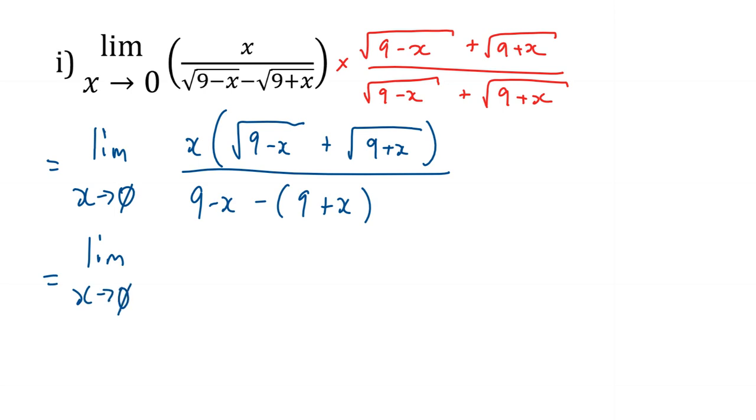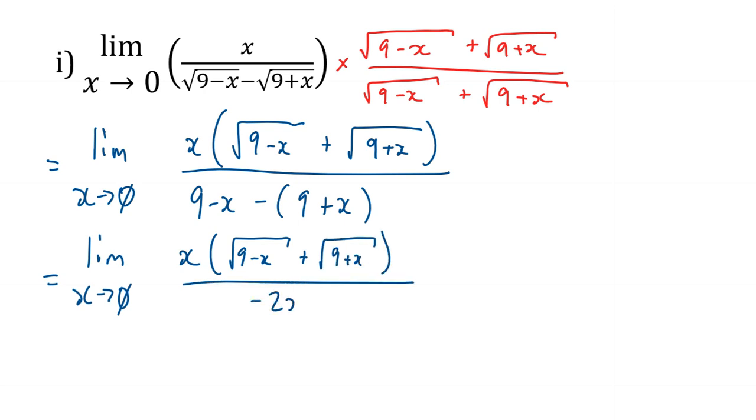9 minus 9 is 0. Negative x minus x is negative 2x. And there's your whole.